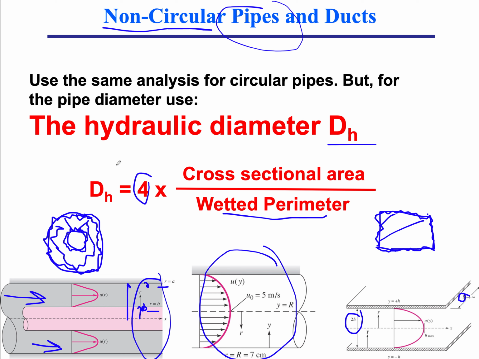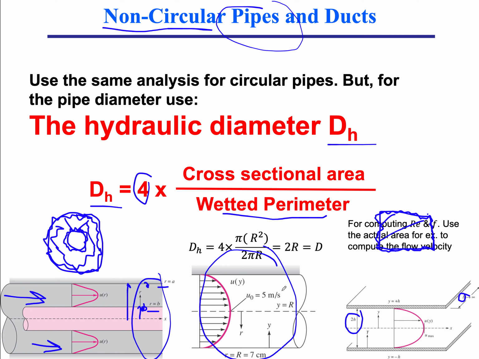So let's compute the hydraulic diameter for a circular pipe. We'd expect that we should get the same value. The hydraulic diameter should be equal to the diameter of the pipe. Let's check that. What is the cross-sectional area of a round pipe? Pi r squared. And what is the wetted perimeter?